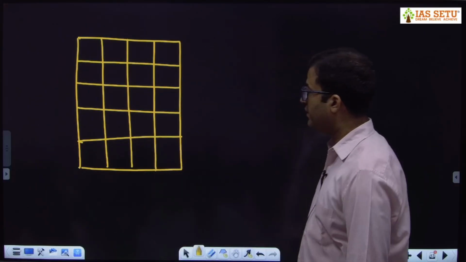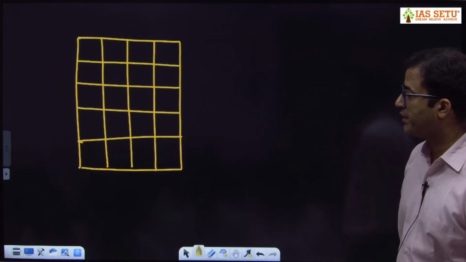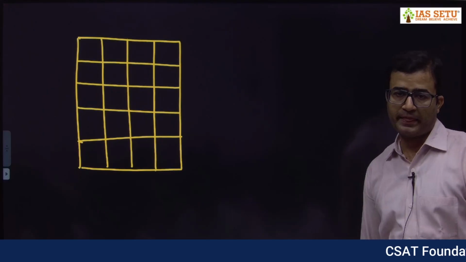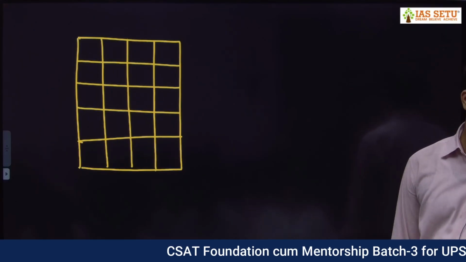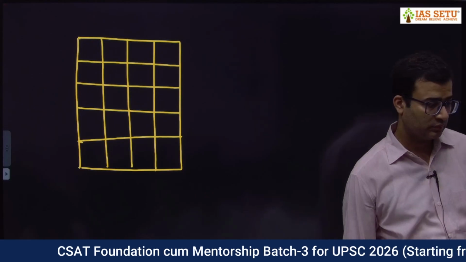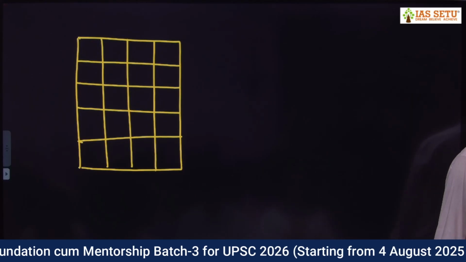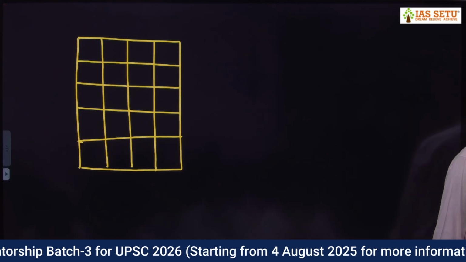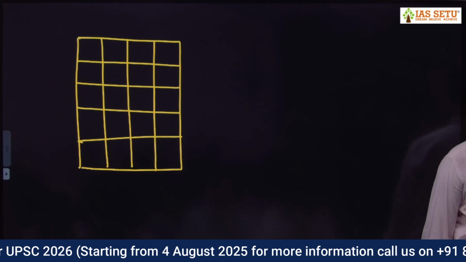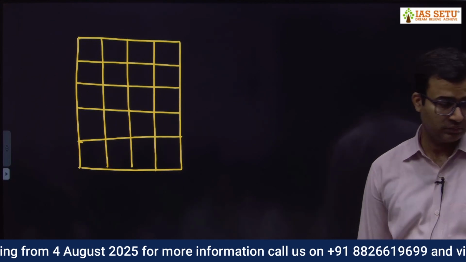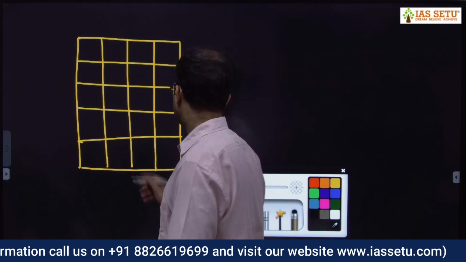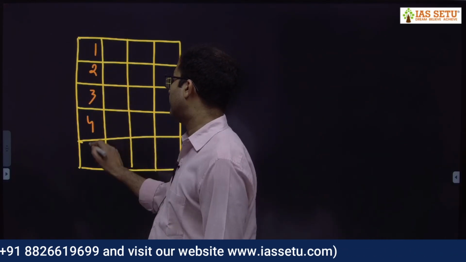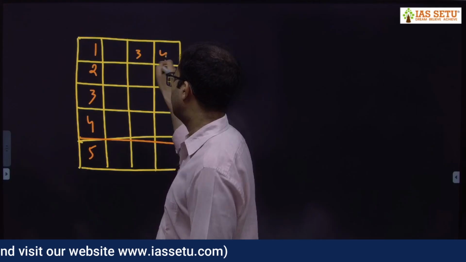Take your time. In this given figure count how many rectangles are there. So it is 1 2 3 4 5, 1 2 3 4.